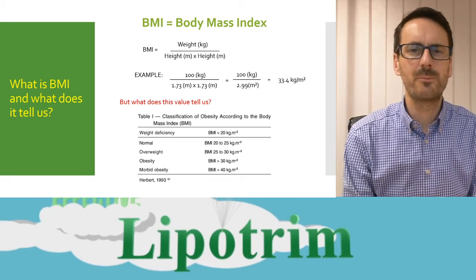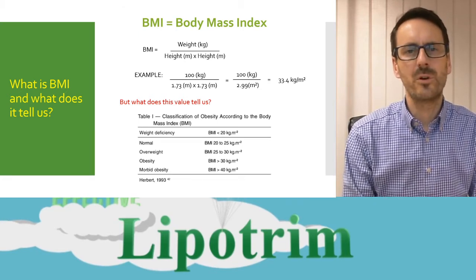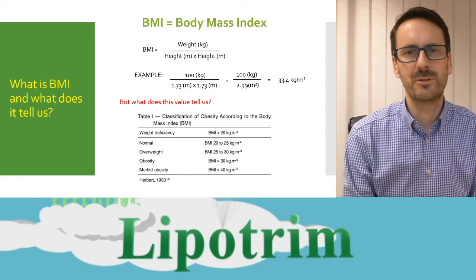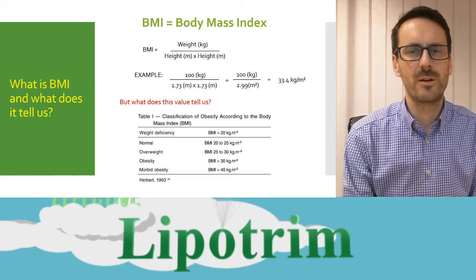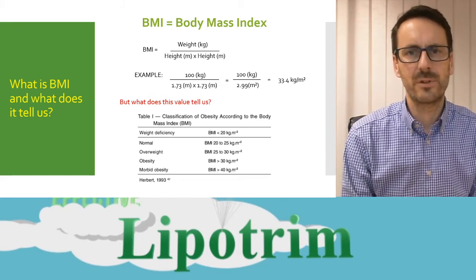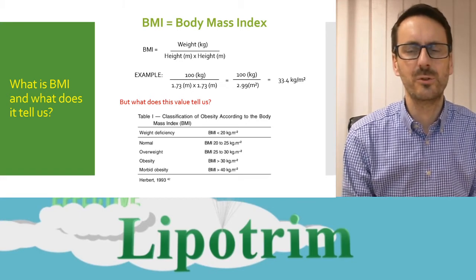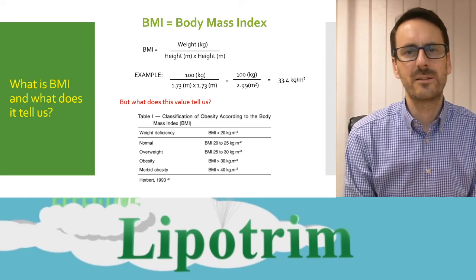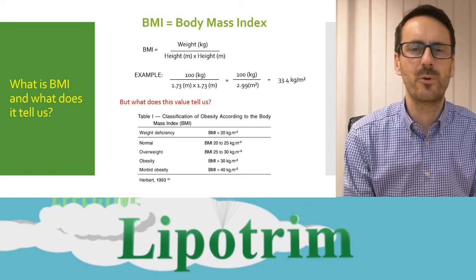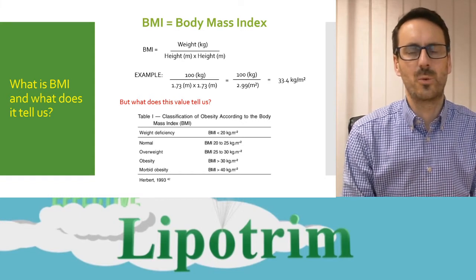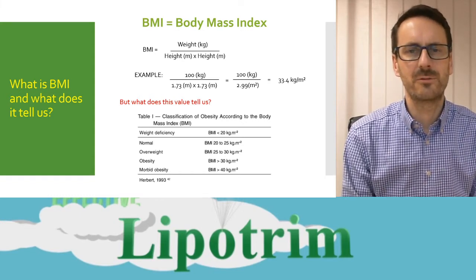So according to the body mass index calculation, what you do is you take the weight in kilograms, which is 100 kilograms, and you divide it by the height squared, and that's height times height. So 1.73 times 1.73 comes out at 2.99. So you divide the 100 by 2.99, that gives you the body mass index of 33.4 kilograms per meter squared. So a BMI of 33.4.